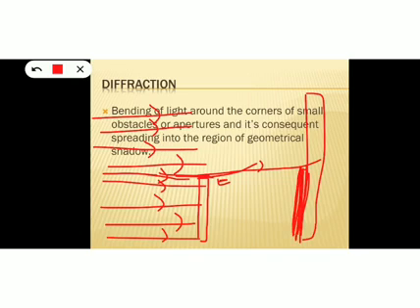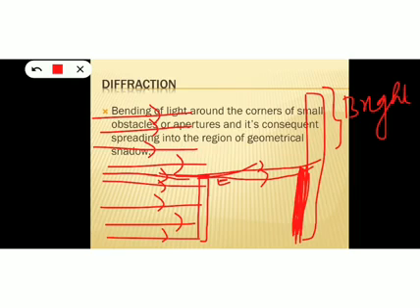On the screen here, we can see a shadow part, and this shadow is due to this obstacle. This shadow is observed due to the bending of light around the corners of the obstacle. The light ray will bend and move like this, and on the screen you can see brightness because light is reaching the screen in this portion.